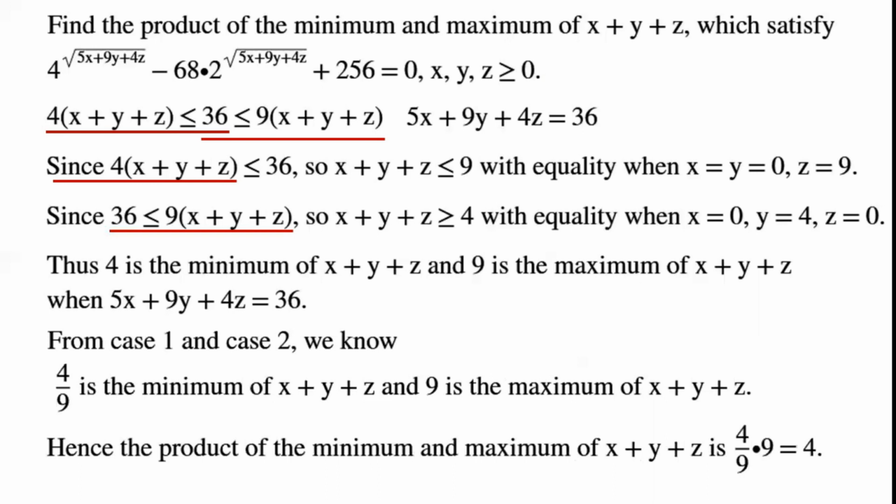Hence, the product of the minimum and the maximum of x plus y plus z is 4/9 times 9 equals 4.